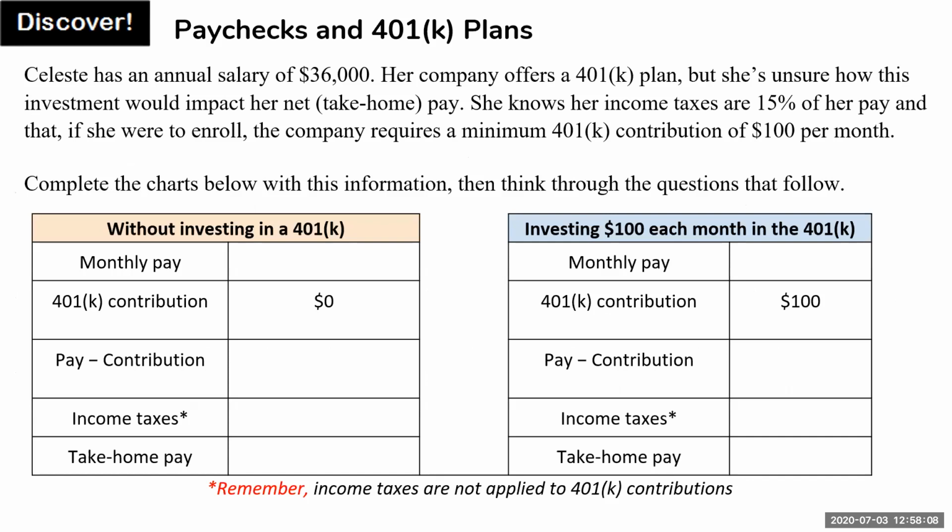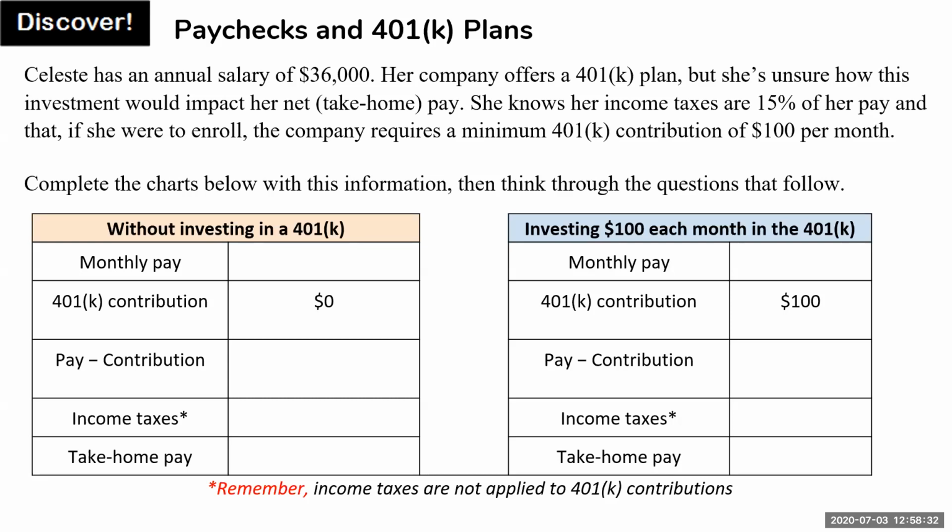Her company offers a 401k plan, but she's unsure how this investment would impact her tax, would impact her take-home pay. She knows her income taxes are 15% of her pay, and that if she were to enroll, the company requires a minimum 401k contribution of $100 per month.